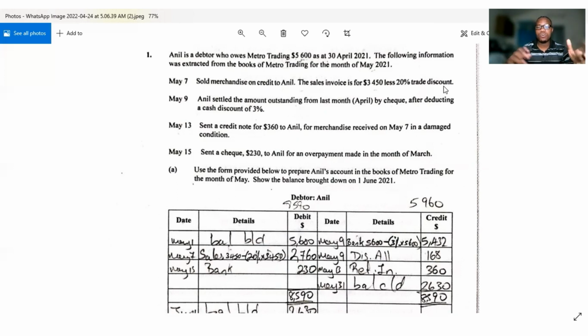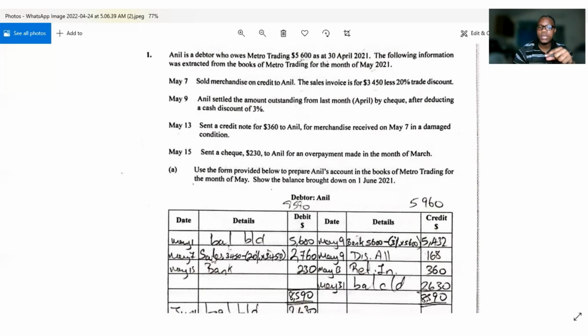That is why it's called trade discount, between traders. So we don't normally record this type of discount. It is recorded on the invoice and that's where it ends. But cash discount is different. Cash discount is when money is being paid, cash is being used, as it's called, cash discount. So we're not going to record the discount in the debtor's account.